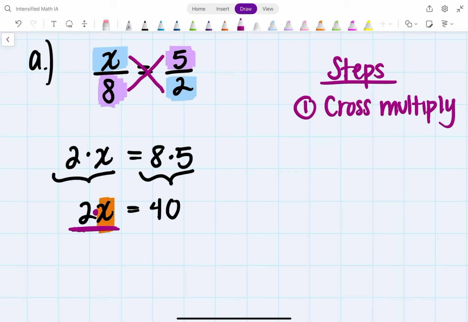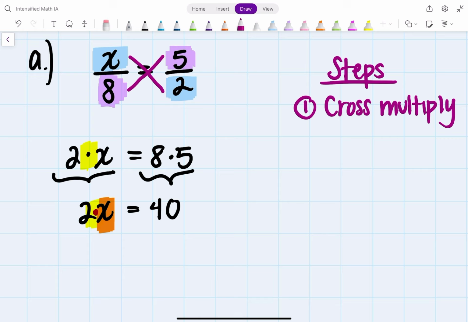It's not seen, but we know there's multiplication. We just don't show it anymore. I mentioned that the inverse of multiplication is division.